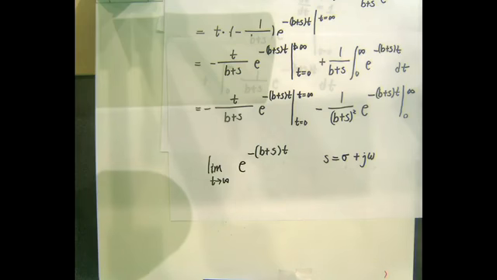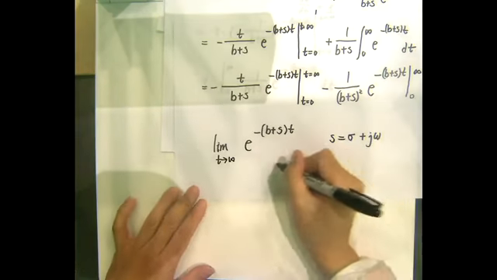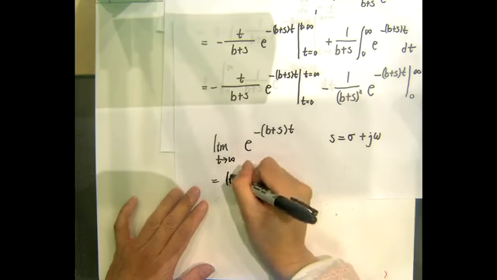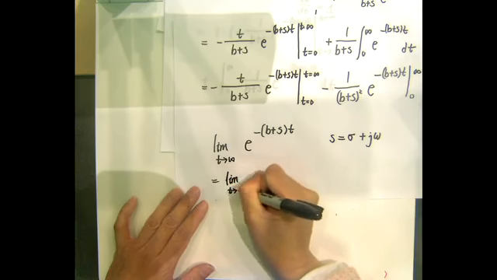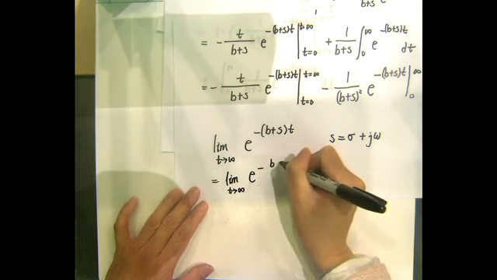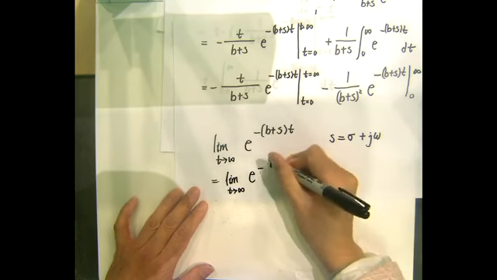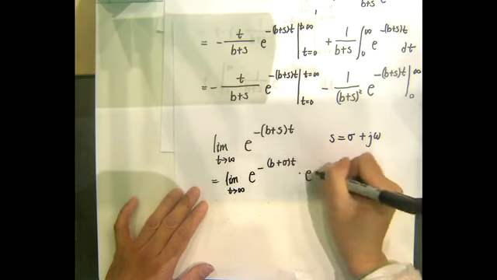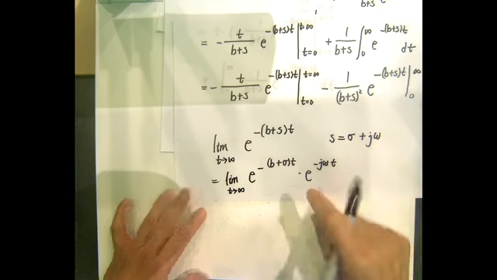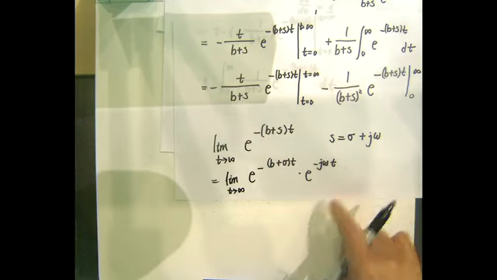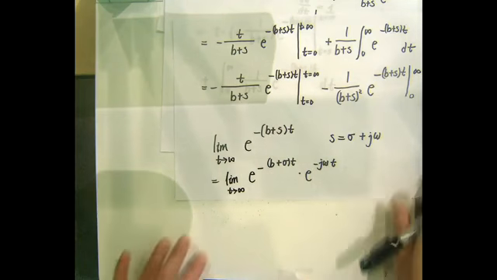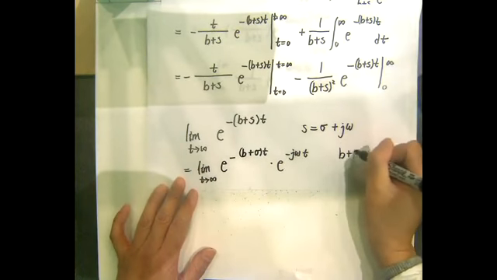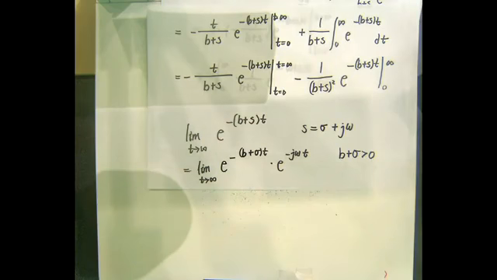So what I'm trying to see is the limit as t goes to infinity of e^(-(b+sigma)t). So I don't have to worry about the second one. All I need to do is this. And if my b plus sigma is positive, then as t goes to infinity, this part will decay to 0.